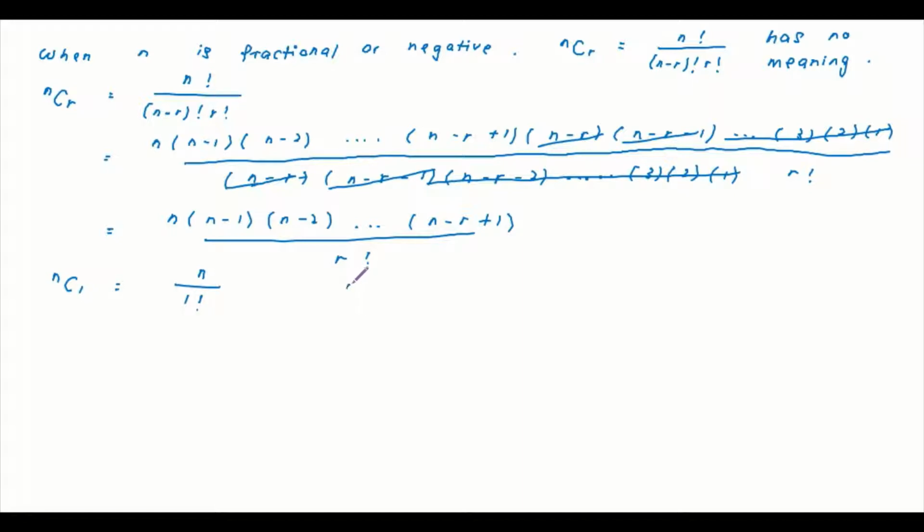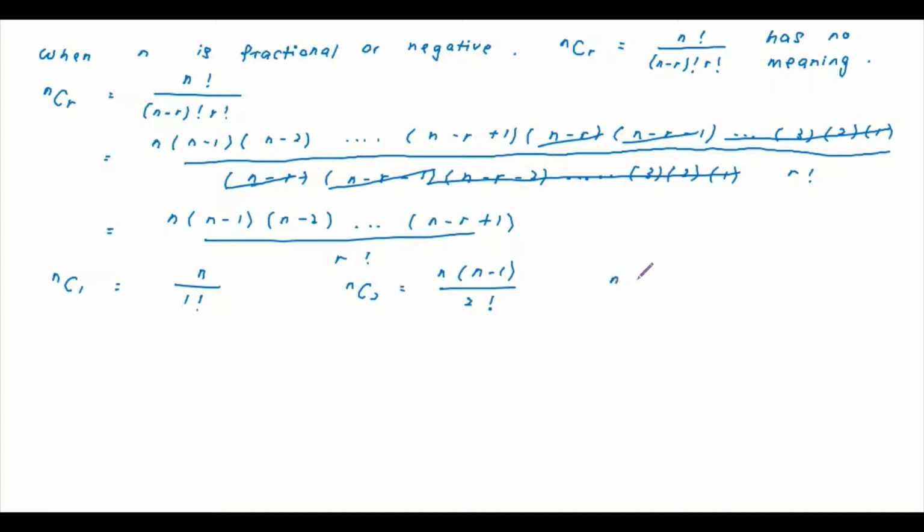Then when we look at nC2, what happens? You will need 2 here, so negative 2 plus 1, you are getting n minus 1, meaning the sequence is n and n minus 1, and 2 factorial.